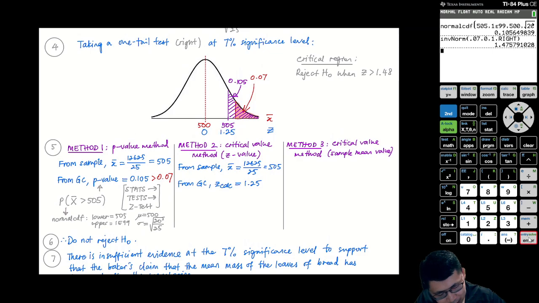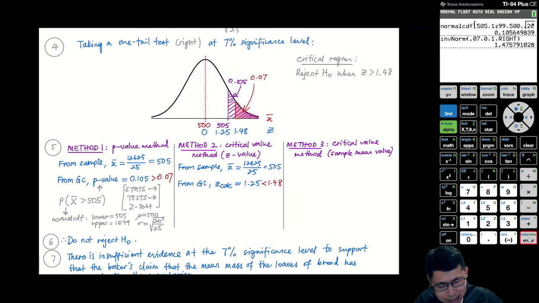Let me move this to the left hand side a little bit. This number here refers to 1.48 here. The z calculate is 1.25, which would be less than 1.48. Because of this, we'll get the same conclusion from the test.